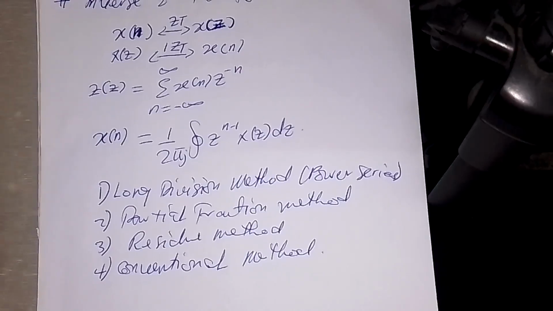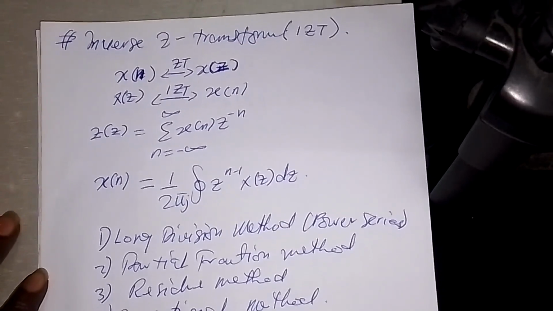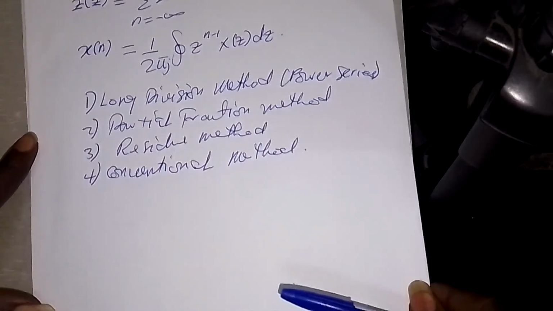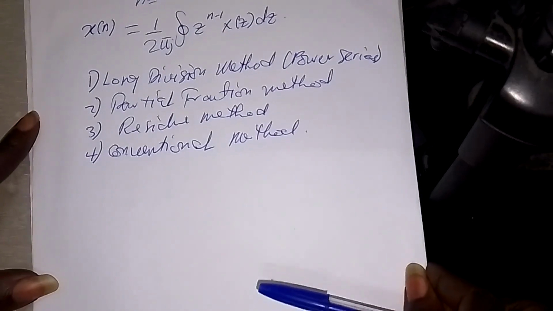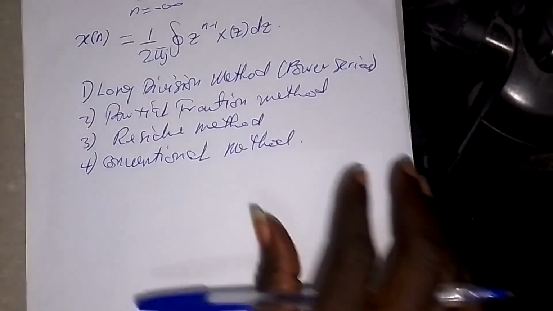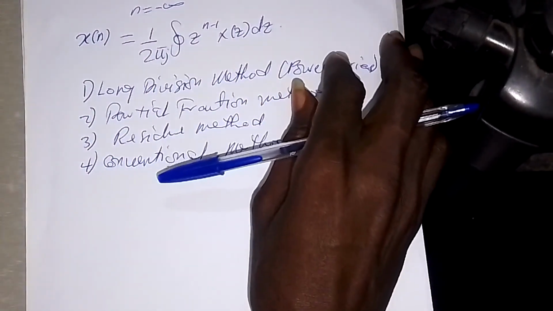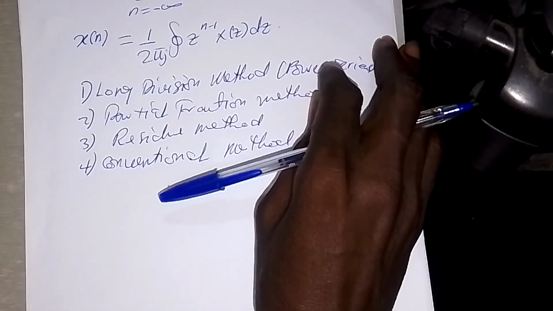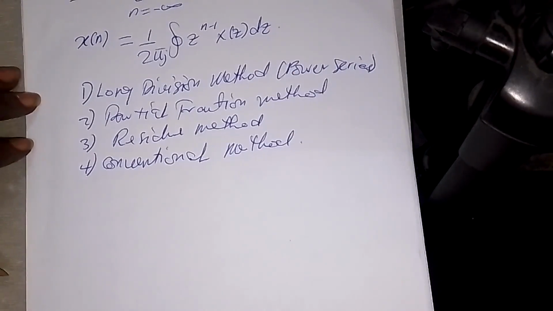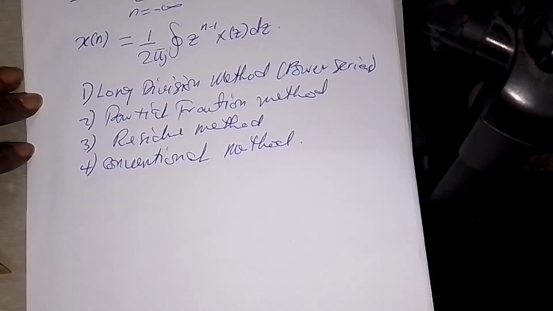Okay, so in this particular class, we are going to utilize the long division method, or the power series method. So let's see how we can utilize the power series method to find the sequence from some Z transforms. Here we're going to be given the Z transform, and our approach will be to find x of n, or the sequence, from that particular Z transform.